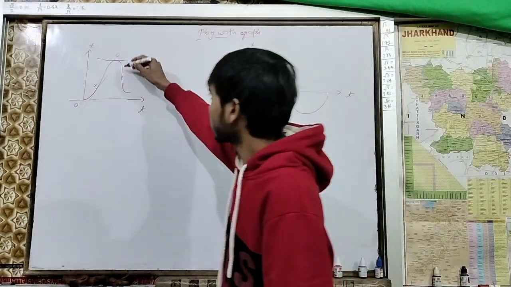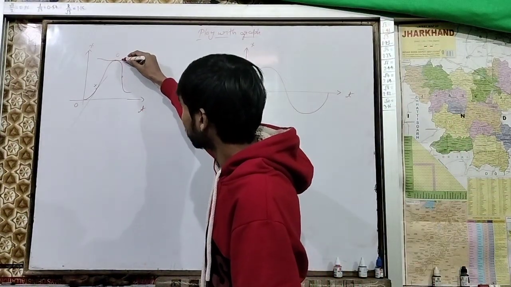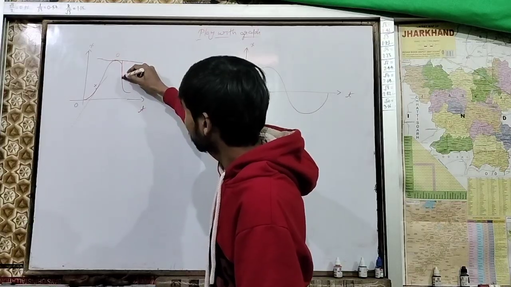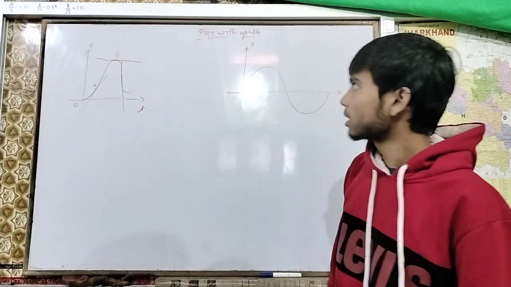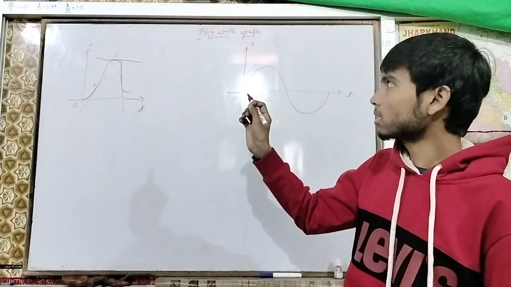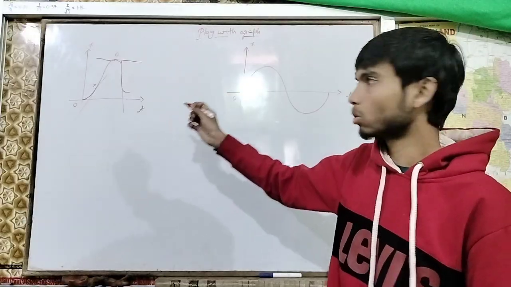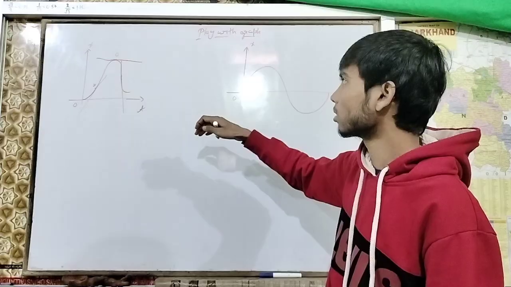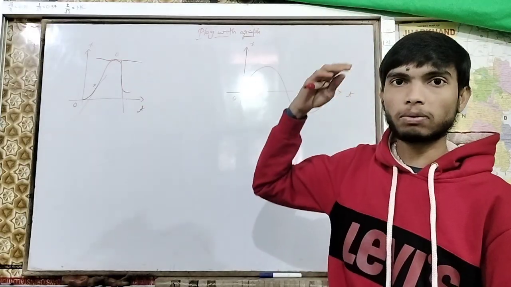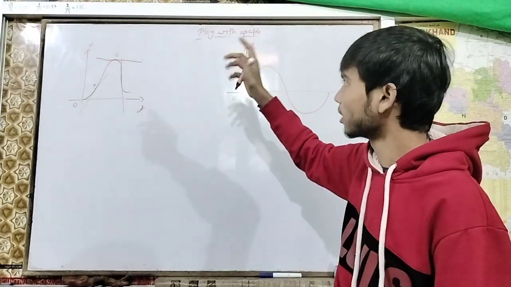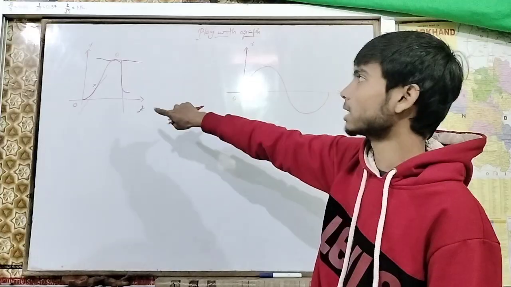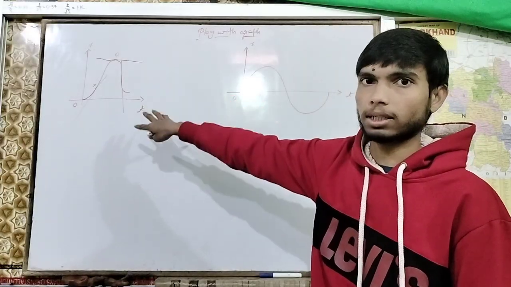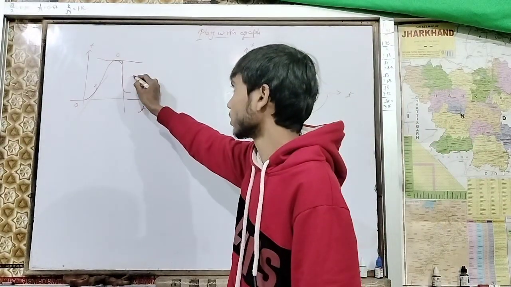Now, what about this? It is a little bit greater than 90, not too much, but a little bit greater than 90. If it is in the part greater than 90, then it will be considered a negative slope. This is our negative slope.